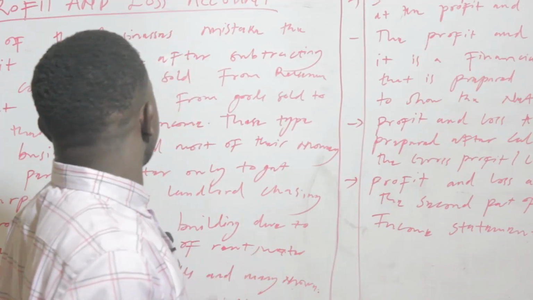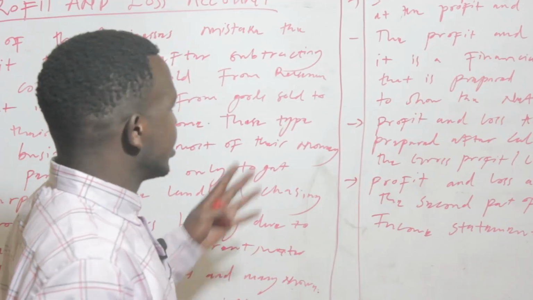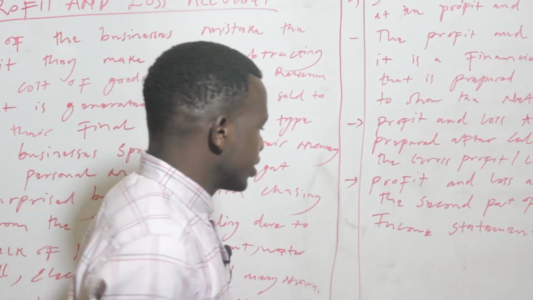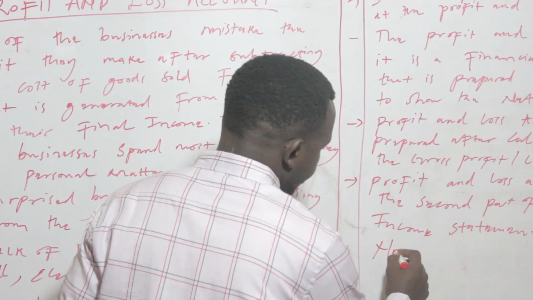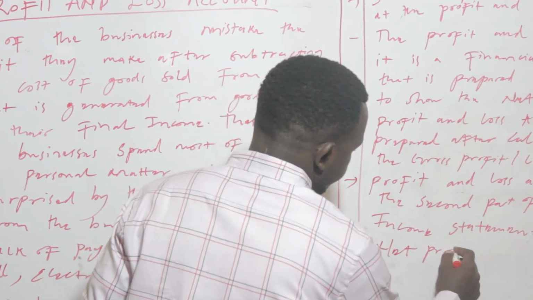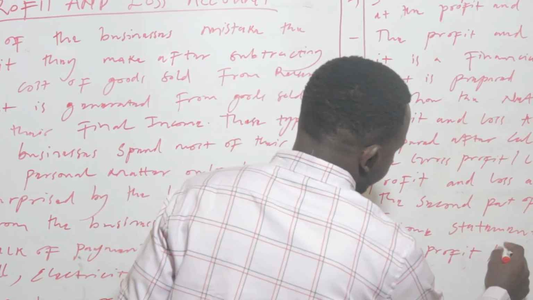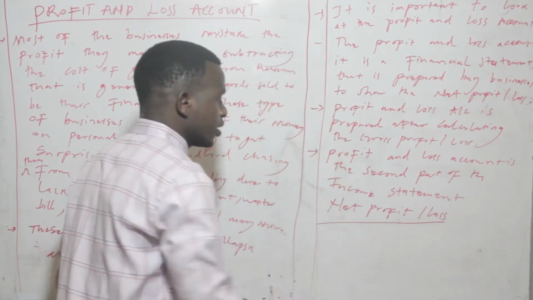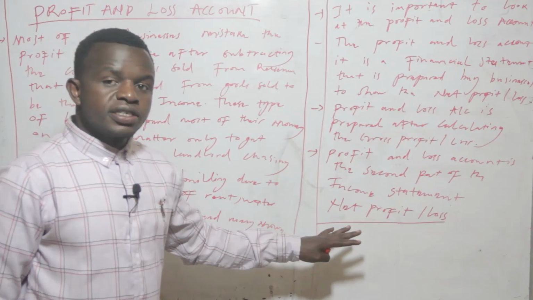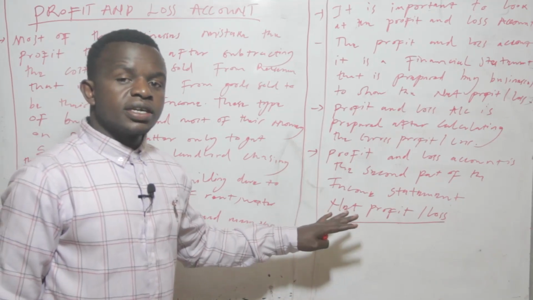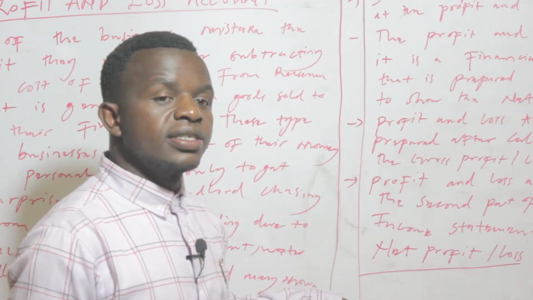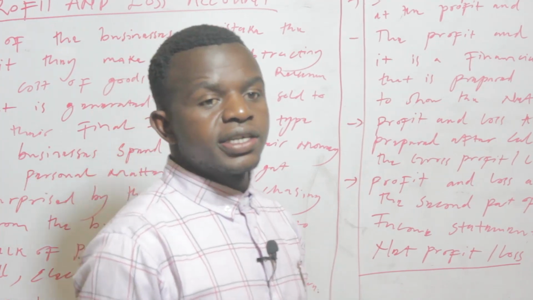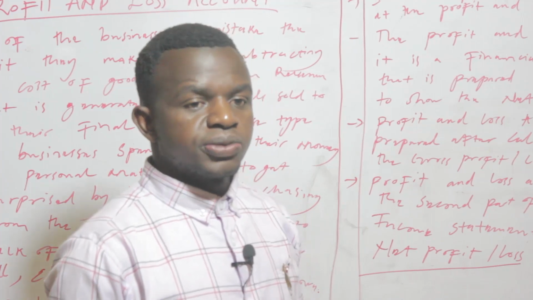And since we have looked at the definition of the profit and loss, let us now look at how we can calculate the net profit or loss. The net profit or loss can be calculated by subtracting the operating expenses, which are also referred to as the indirect expenses, from gross profit.